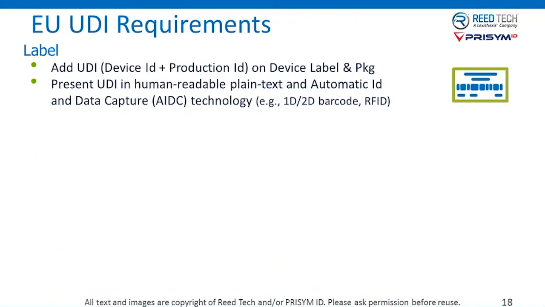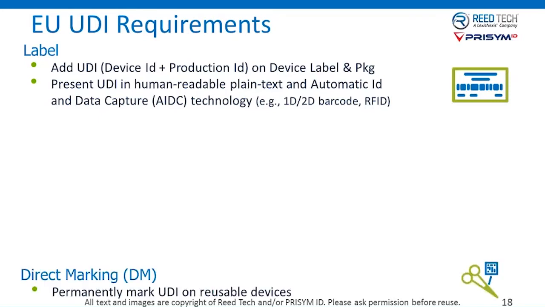If you look at this chart, you'll see it's very similar as we move over to the EU. So again, there's requirements to identify the device with a device identifier. Again, there's two components, a device ID and a production ID making up the full UDI. So that needs to be on the product itself and the package in various formats. The technology there is AIDC, either a barcode or RFID type of tag is typically used.